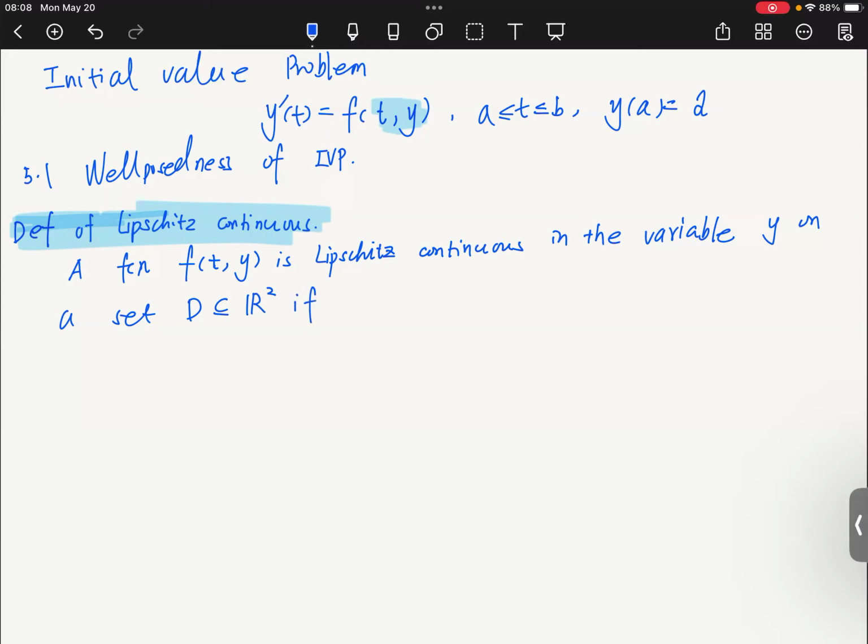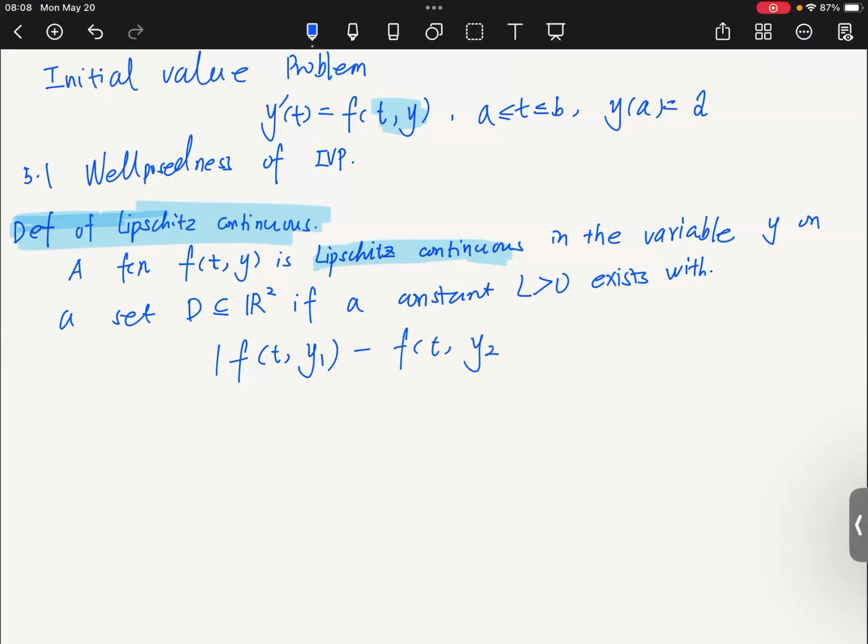We say this if the function satisfies the following: there is a positive constant L such that f(t, y1) minus f(t, y2) has the t values the same, but we change the y value, y1 and y2.